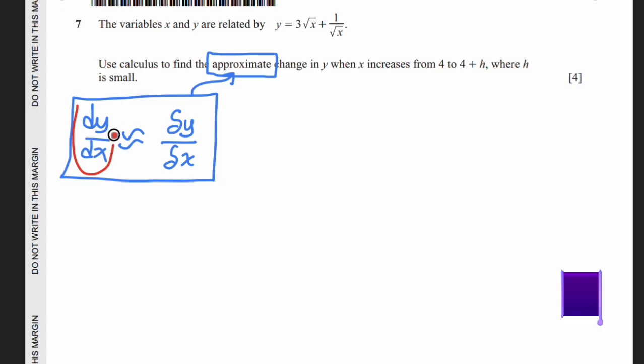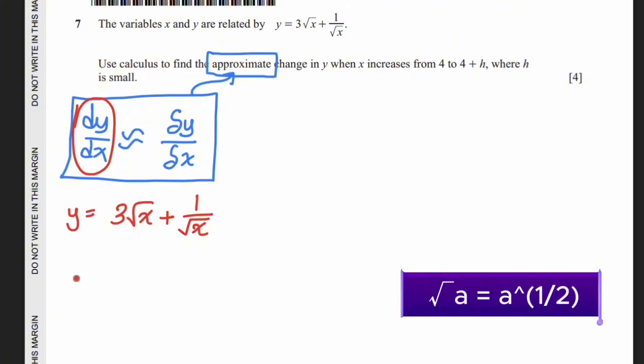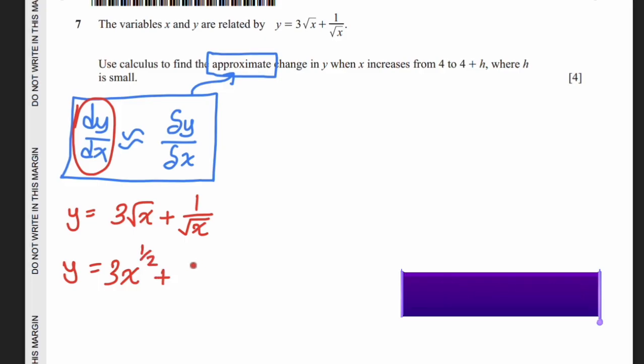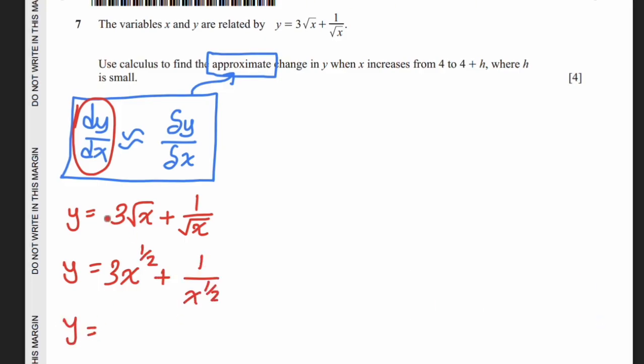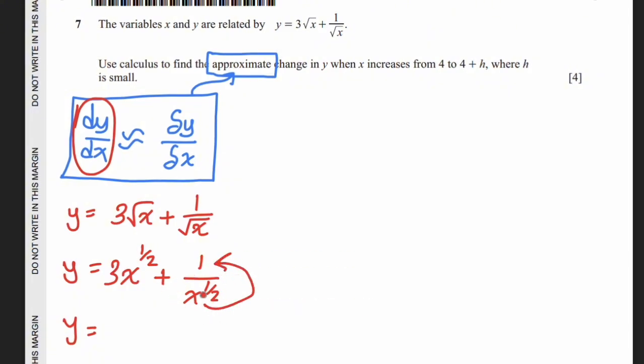I'm gonna highlight it in orange. Now we want to write the root x as an exponent, and root over anything is to the power half by using the formula that I'm showing on the screen. Now I have just replaced the root over here with an exponent of half. Now this is on the denominator, so we can bring this up by switching the exponent to a negative exponent.